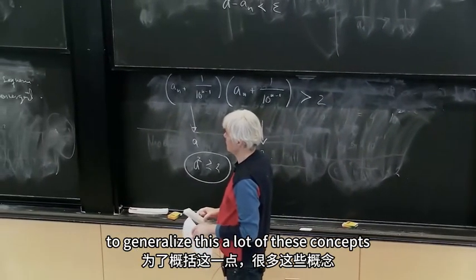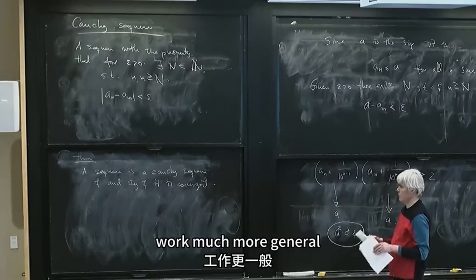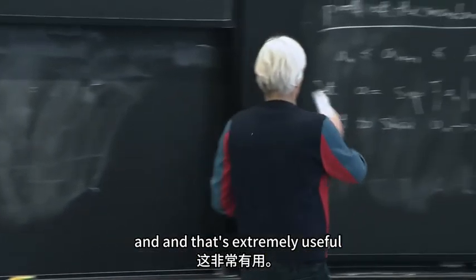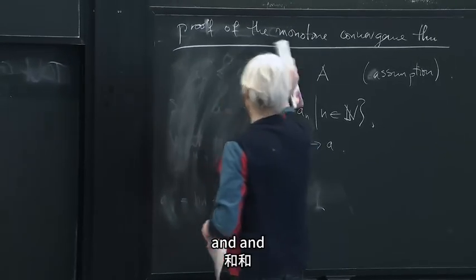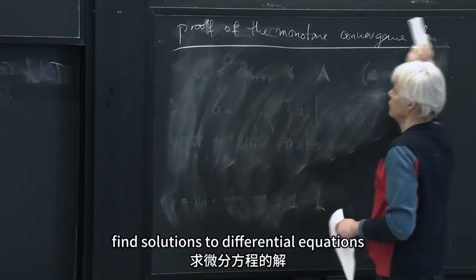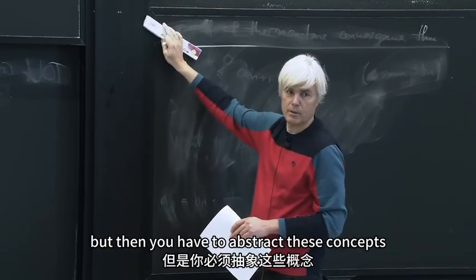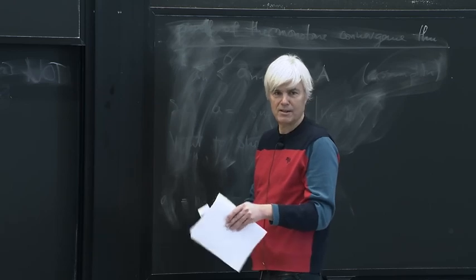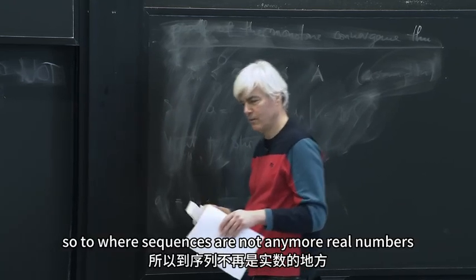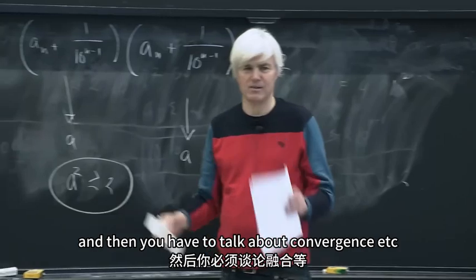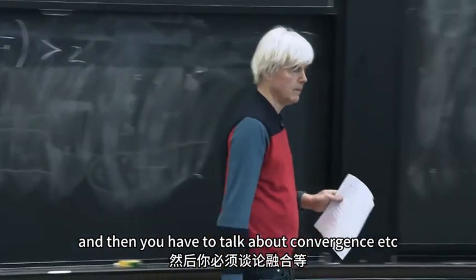A lot of these concepts work in much more general settings, and that's extremely useful, and it can be used to find solutions to differential equations. But then you have to abstract these concepts, so that sequences are no longer real numbers but elements of some other space, and then you have to talk about convergence, etc.